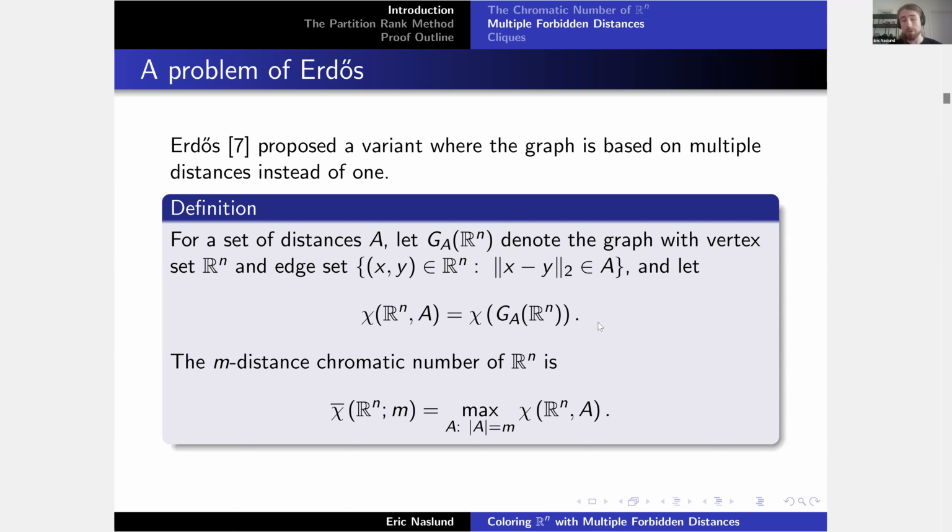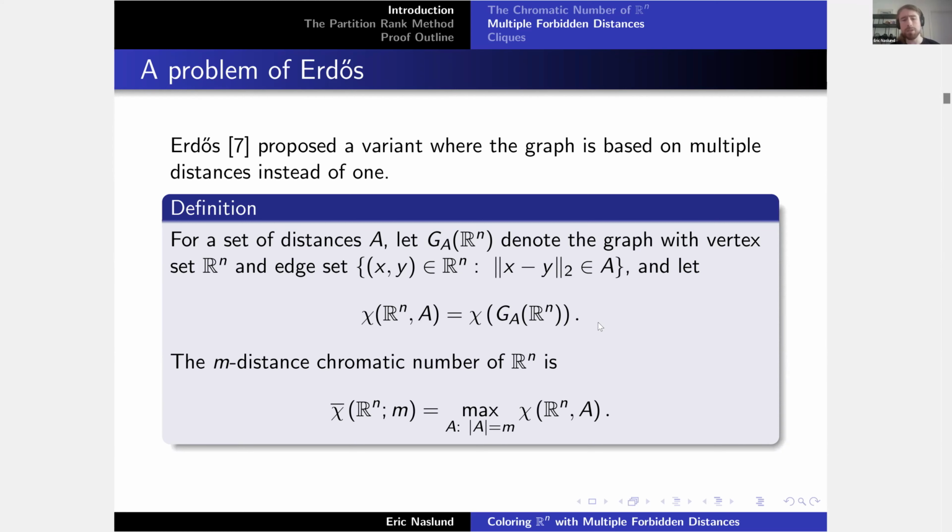We can then define the m distance chromatic number, which is the maximum chromatic number of Rn over all distance sets of size m. This is something that Erdős looked into.